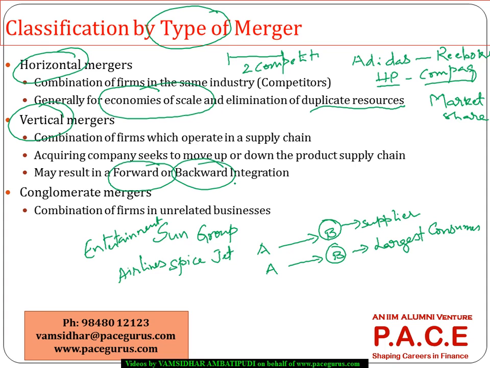So we need to really understand what kind of merger is happening, because that really helps us in assessing the synergies and in actually understanding what could be the motivation for this kind of merger.